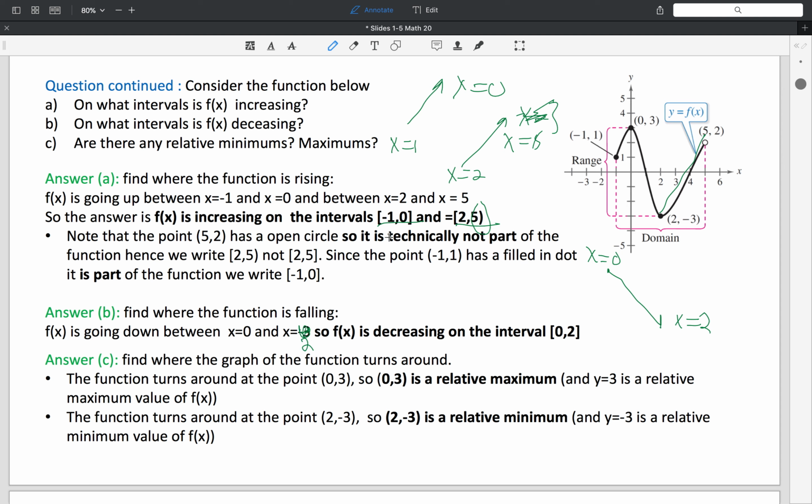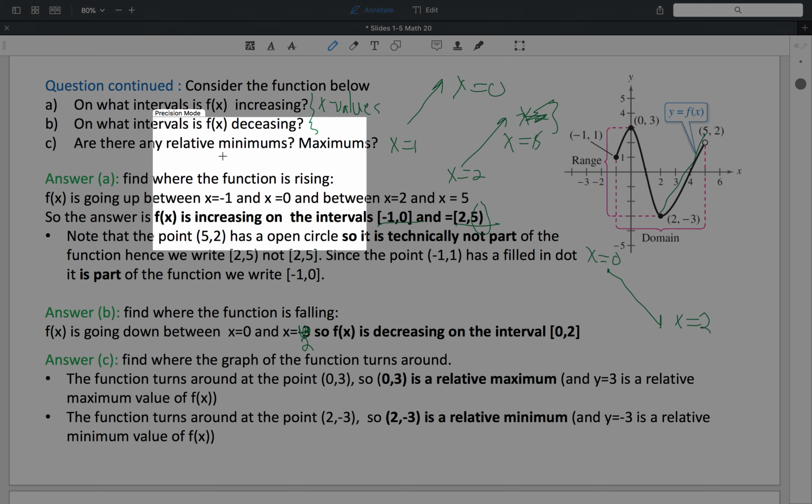Again, notice that for increasing and decreasing here we gave x values. And then for the maximums and minimums, we're going to give the points in the form x, comma, y.